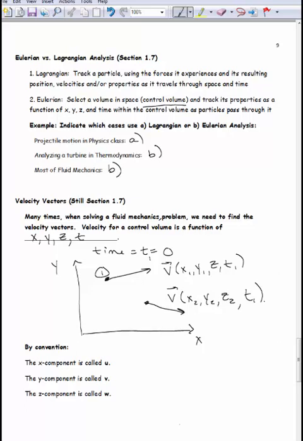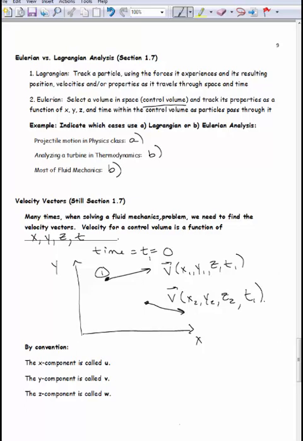The other thing about velocity vectors, besides changing around in space, is that since they are vectors, they're going to have 3 components. You've got your x, y, and z, or your i, j, k components of the velocity vector. To simplify things, we're going to call the x direction component u, the y direction component v, little v, and the z direction component little w.